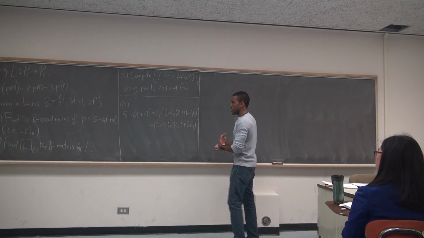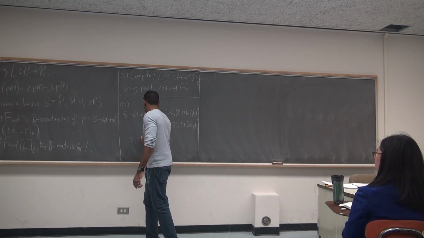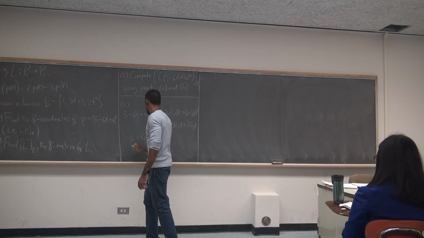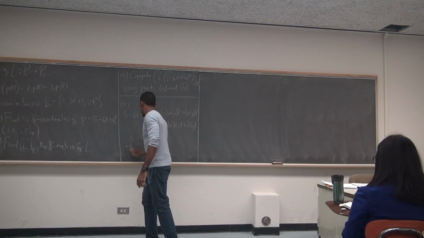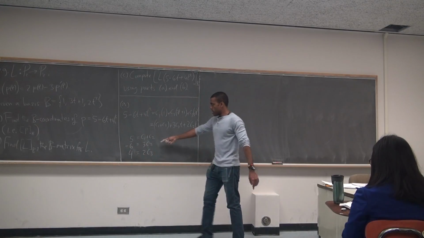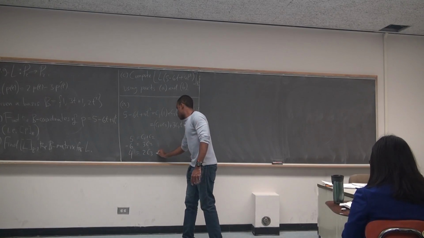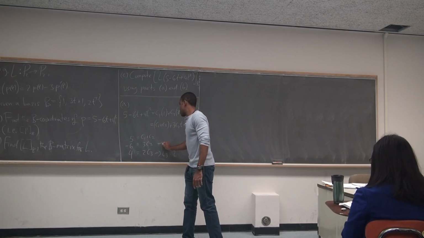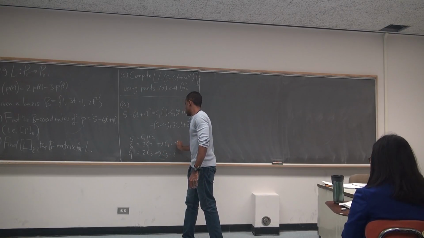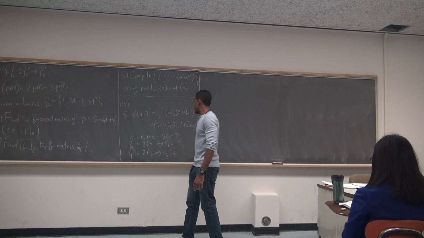Now from this you can set up a matrix, right? You can get a system here. 5 must be equal to C1 plus C2. Minus 6 must be equal to 3C2. And 4 must be equal to 2C3. Now you could set up a matrix, but this is pretty easy to solve as is, because you can just find these right away. So right away I see here that C3 is equal to 2, C2 is equal to minus 2, and C1 must equal 7.